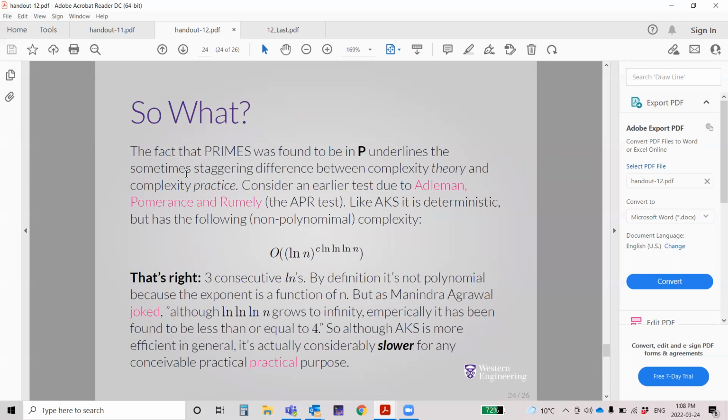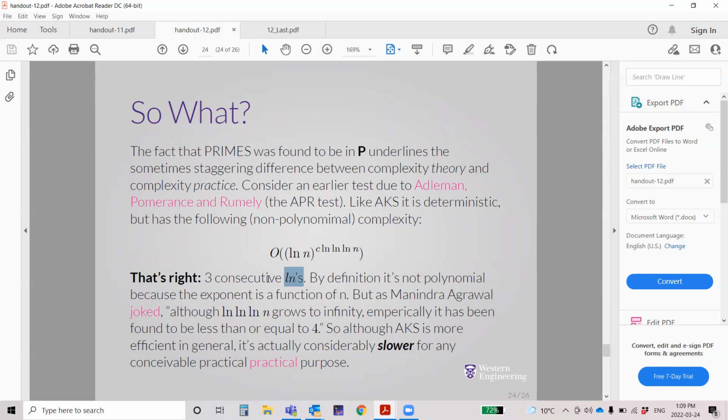Consider a deterministic test due to Adleman, Pomerance and Rumely. The APR test is deterministic but has non-polynomial complexity. It involves three consecutive logs, where ln is the natural logarithm of the number.